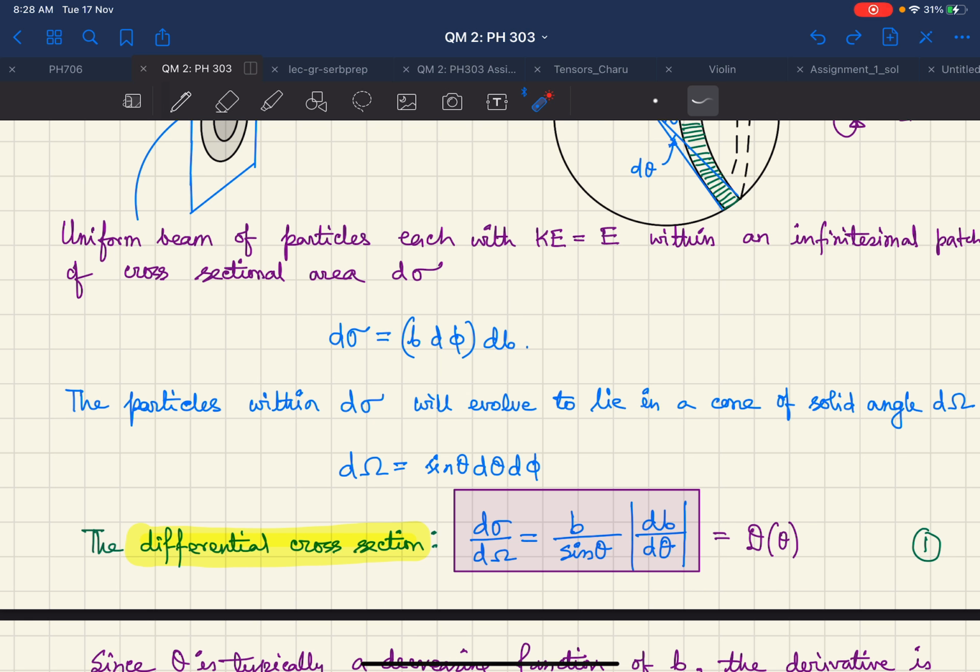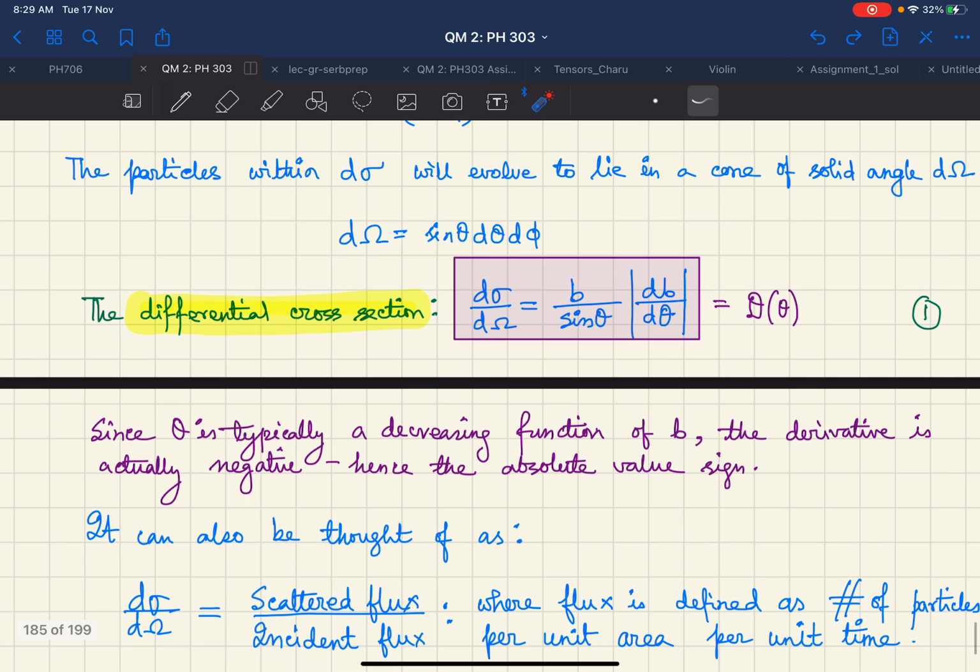Therefore, now you can define something known as the differential cross section. The differential cross section is dσ/dΩ, and because you have written dσ and dΩ both in terms of known quantities, you can immediately write this as b over sin θ times the modulus of db/dθ, which you can denote as curly D(θ), a symbol to denote the differential cross section.